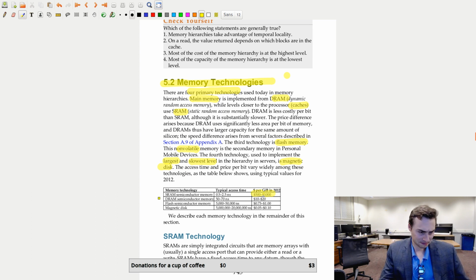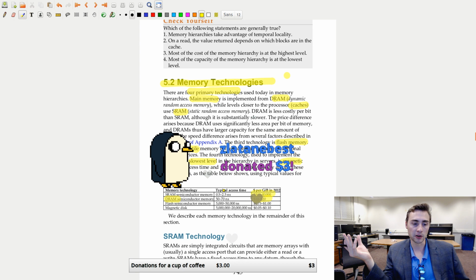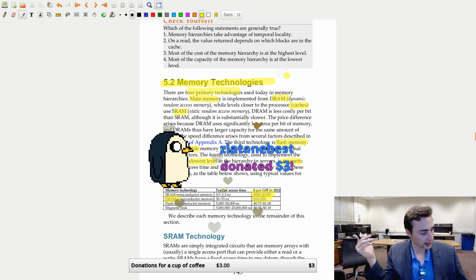The next thing, DRAM, what we make main memory from, $10 to $20 per gig, pretty good. Also notice that when we're talking about SRAM latency or access times, we're in the sub-nanosecond range. So 500 picoseconds to around 2.5 nanoseconds.